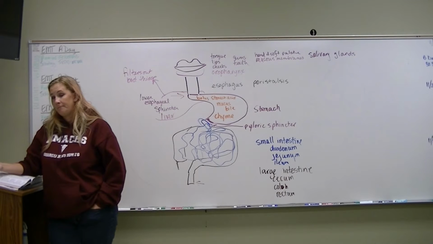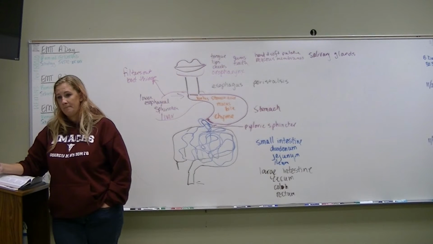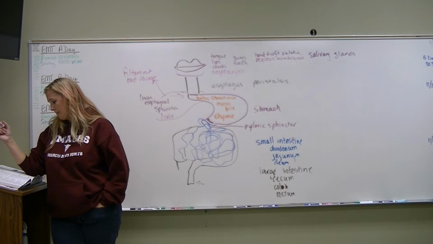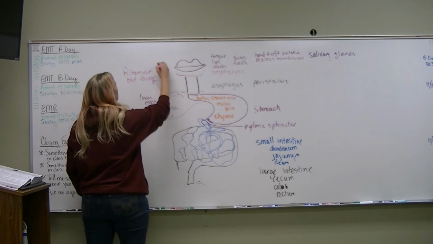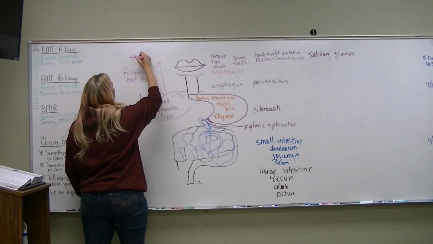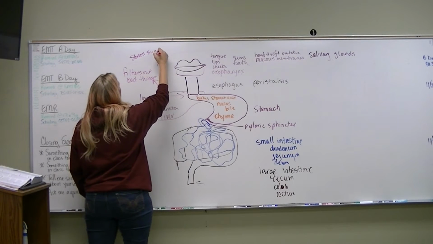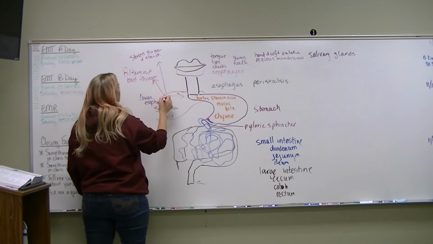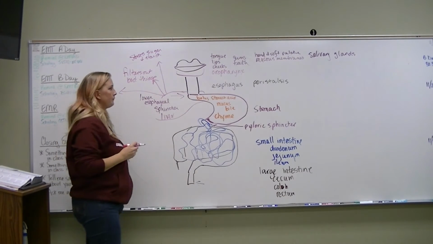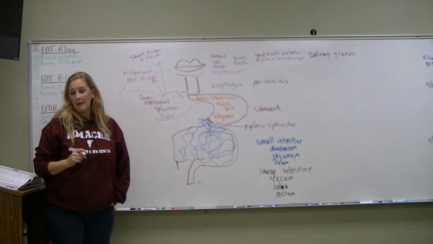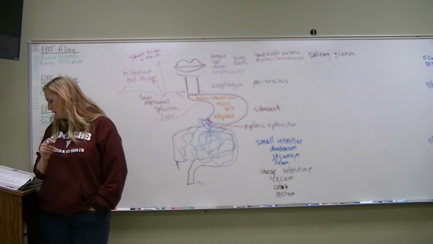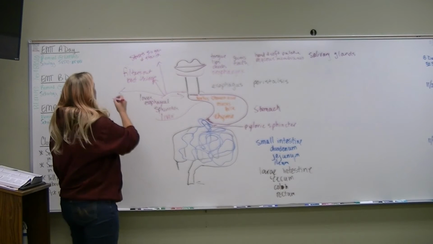What else does it do? Stores sugar and starch for immediate use by the body for energy. Okay, it stores sugar and starch. What else? It stores a lot of blood, like it has a lot of blood passing through it. It makes bile.